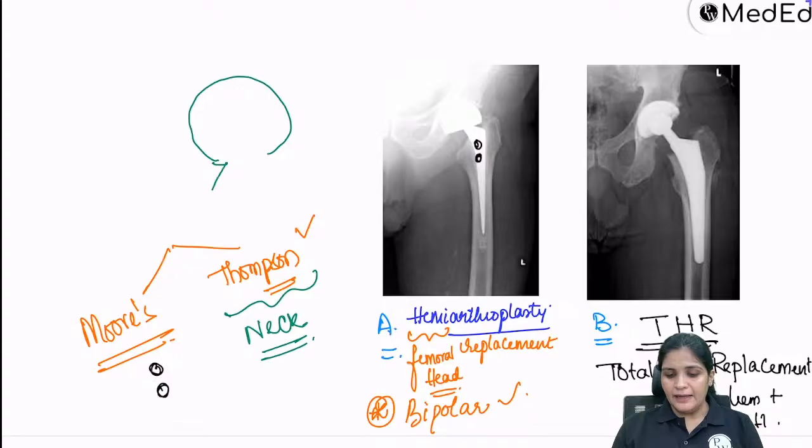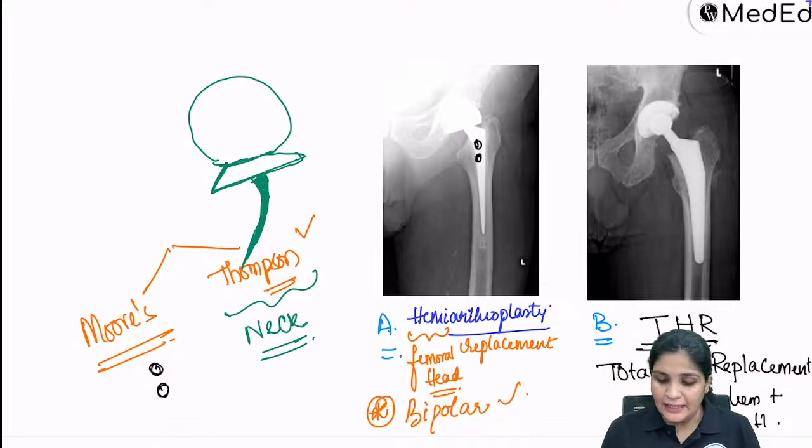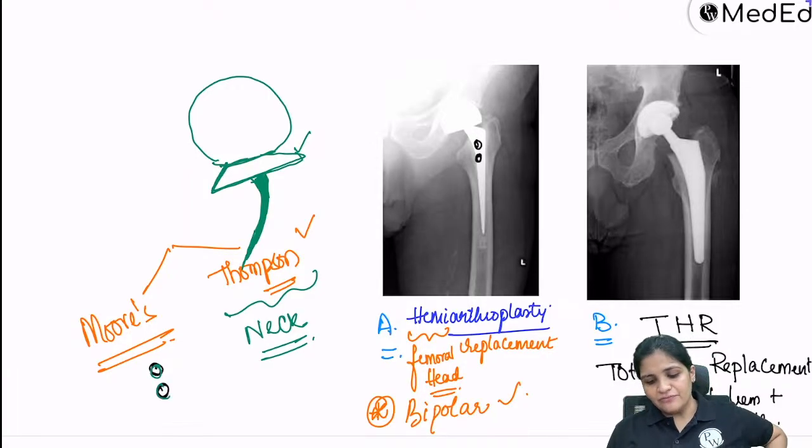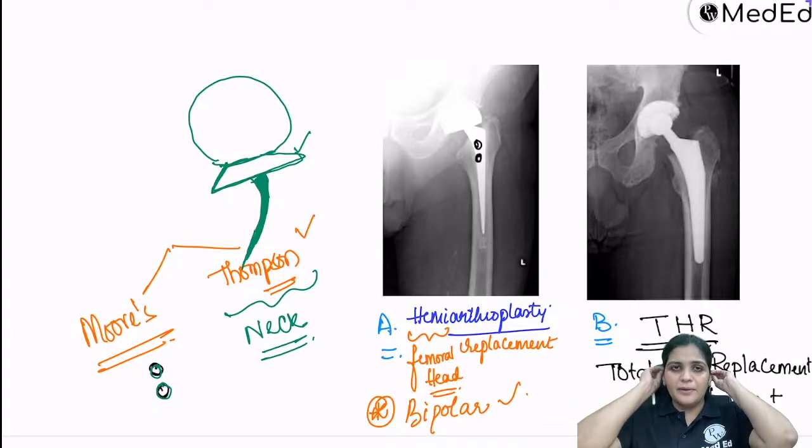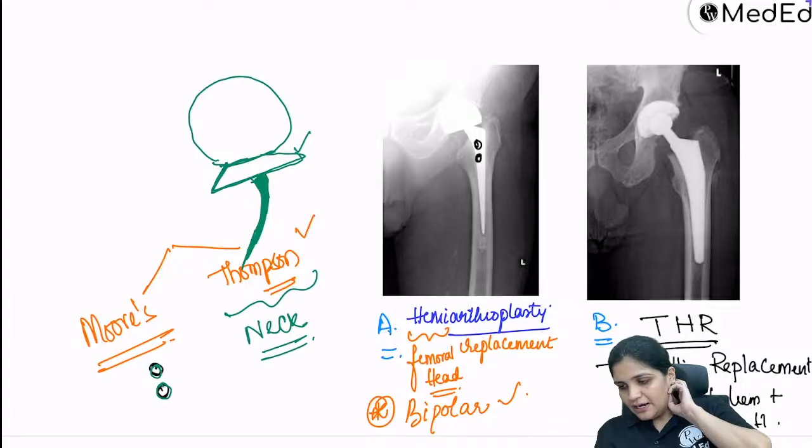This is the head and there will be some extra neck, and then you have your stem. So whenever you have this extra neck on the X-ray, you can identify Thompson. Moore's you can identify if the holes are still present, if the holes are not closed up by the bone or the cement, you can see the holes, or else you can't identify.